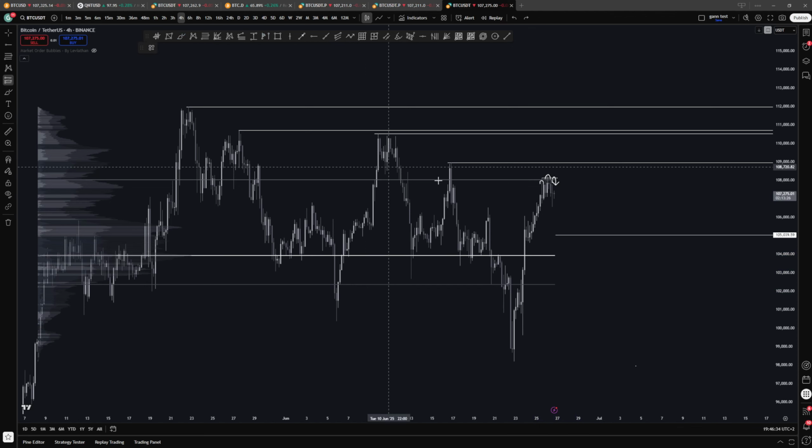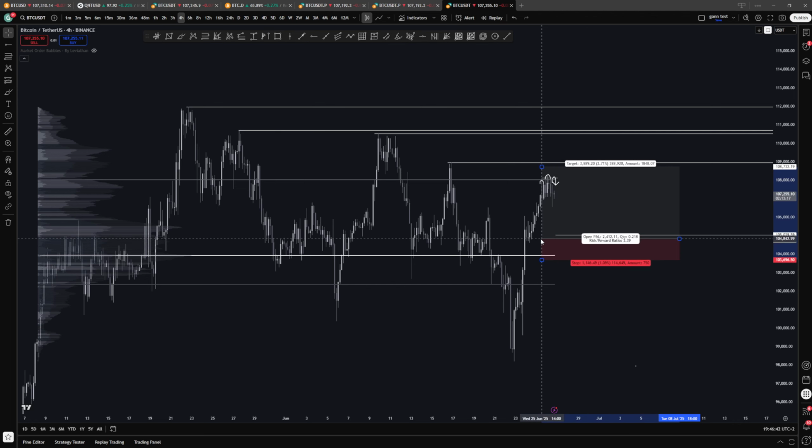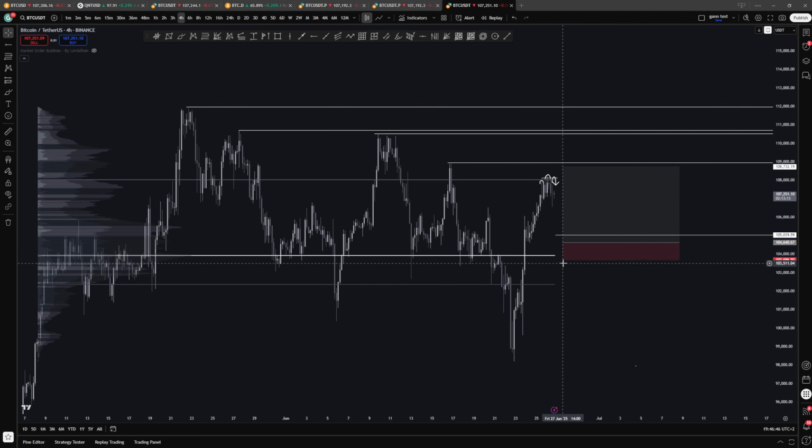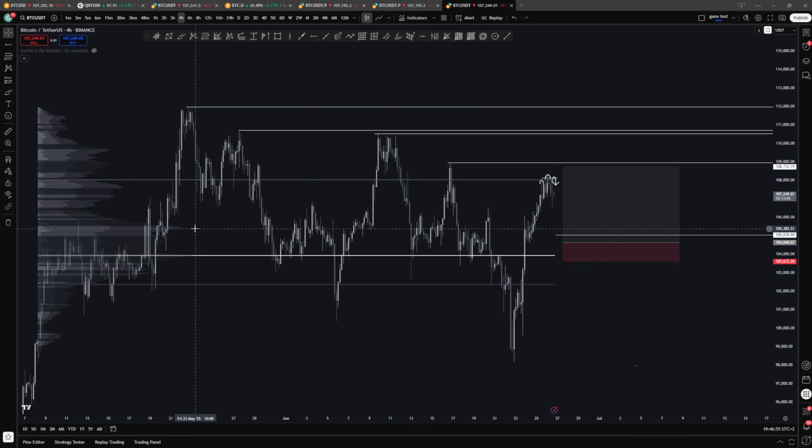So likely when I am going to take that long, I'm either going to take it on that bat that I showcased earlier or on the wick right over there. And stop loss is likely going to be right below the point of control. Point of control is your most traded area in the range, so that almost always nets a reaction.